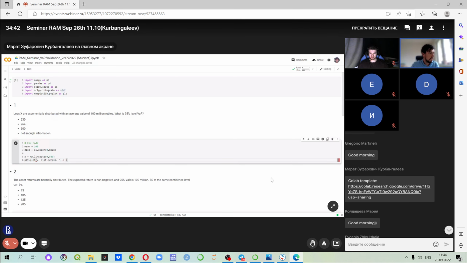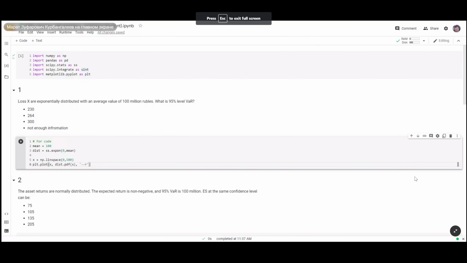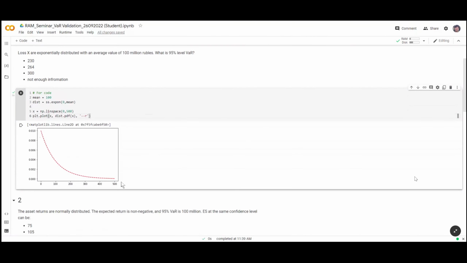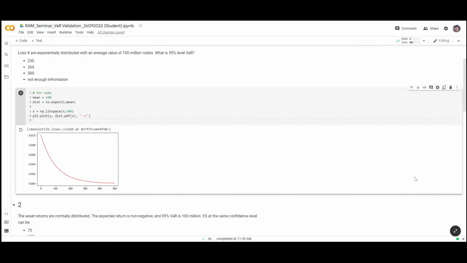Let me draw all the lines with red dashed lines and let's see what's going to happen. Okay, so here is a distribution, and now I understand that the scale of the distribution is something very large. So I definitely understand that the right answer should be somewhere around here, right? But let's find out exactly what it is.